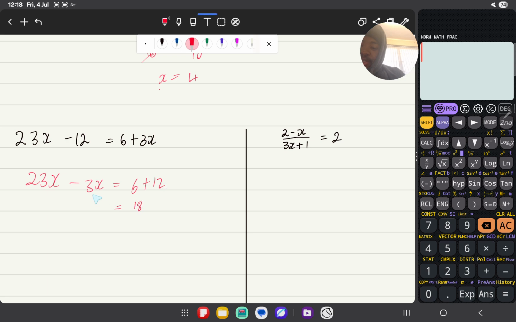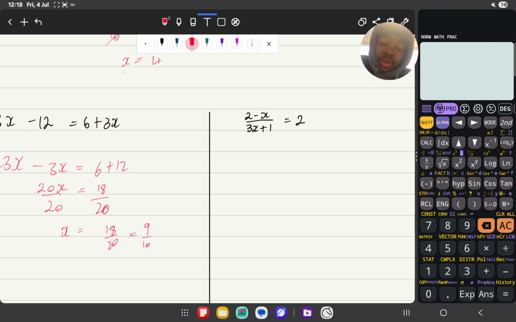Then I have 18, then I have 20x. Then divide by 20 both sides. Then x gives me, you could either write 18 over 20, or you could write 9 over 10. Yes, it is 9 over 10.